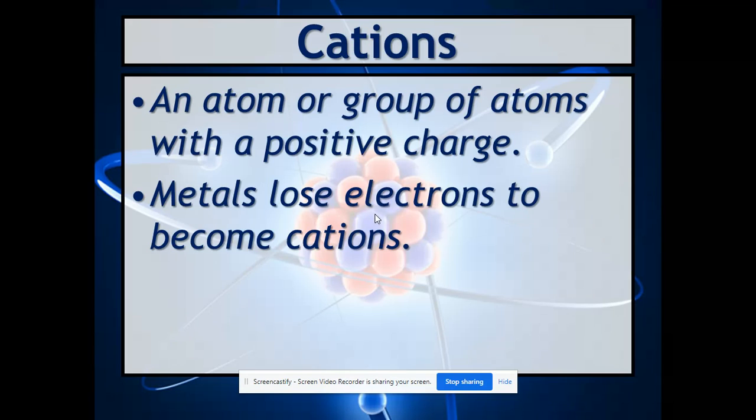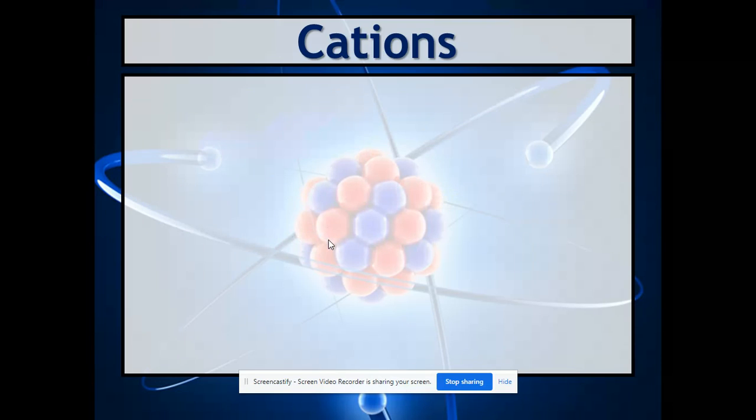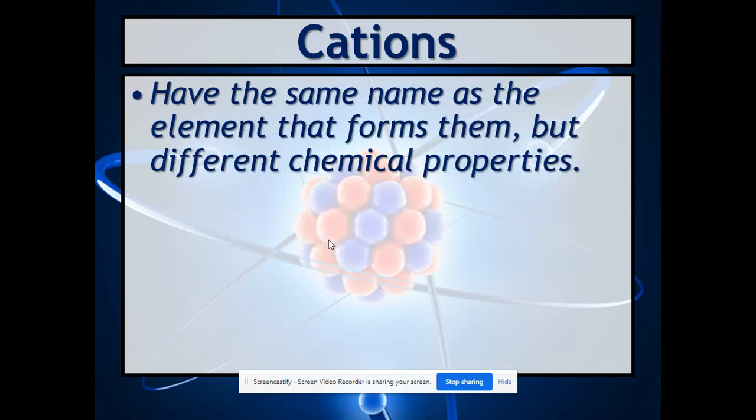So if you lose electrons, you become more positive. Your proton number never changes, because otherwise you change your element. But if your electron number changes, now you're no longer neutral. So what's your overall charge now that you've lost electrons? Well, you're now more positive. We'll take a look at a couple examples here.